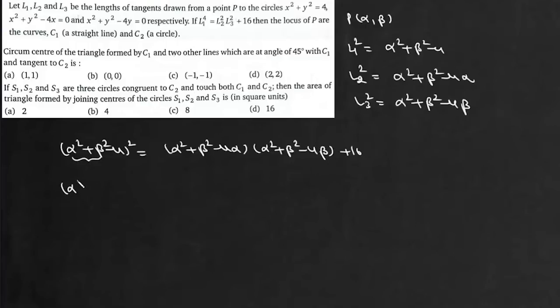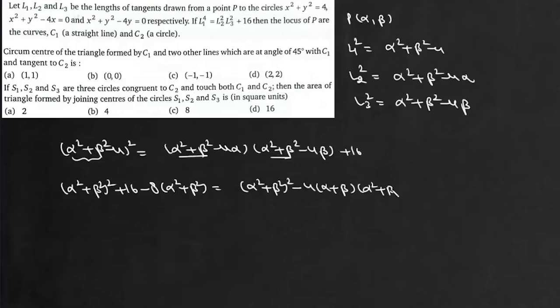We can write this as (alpha square plus beta square) whole square plus 16 minus 8 (alpha square plus beta square), and here also we'll take this as one term, so it will be (alpha square plus beta square) whole square minus 4 (alpha plus beta) into (alpha square plus beta square), and then plus 16 alpha beta plus 16. Now here alpha square plus beta square will cancel and this 16 will also cancel.